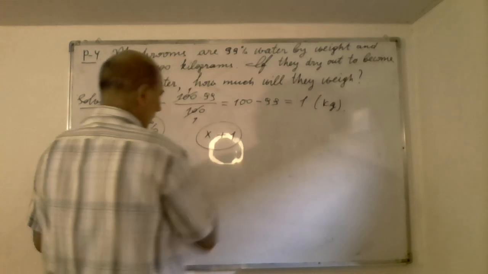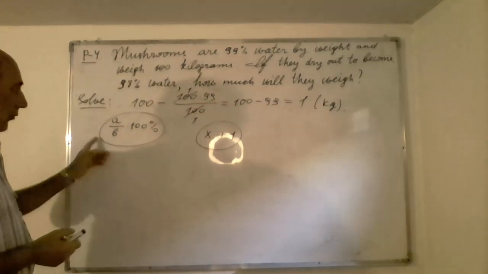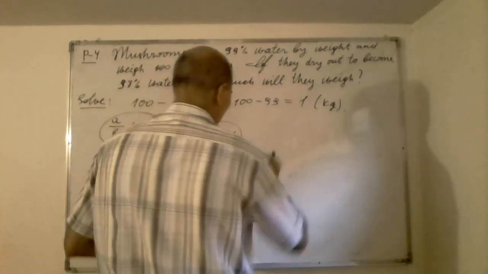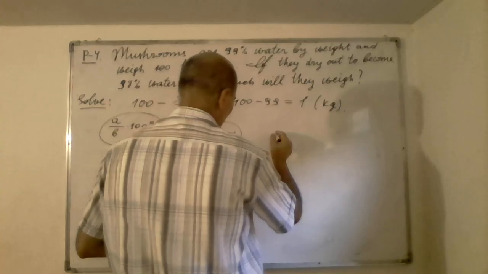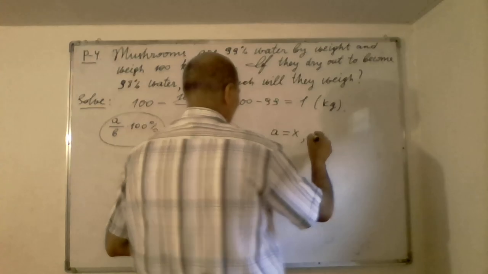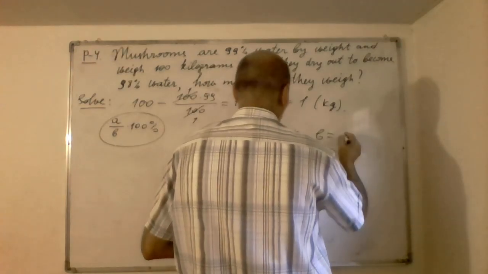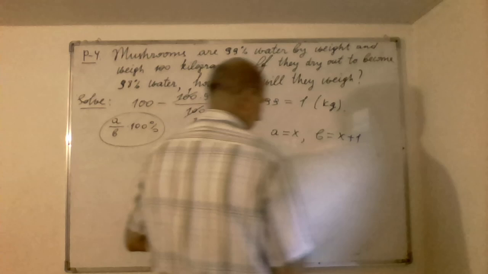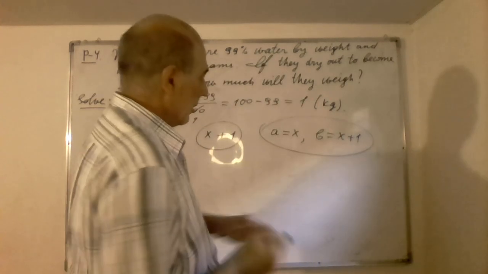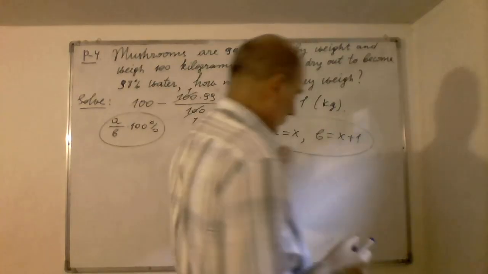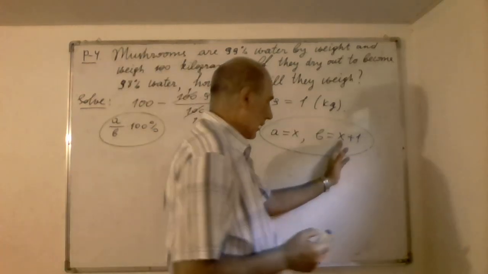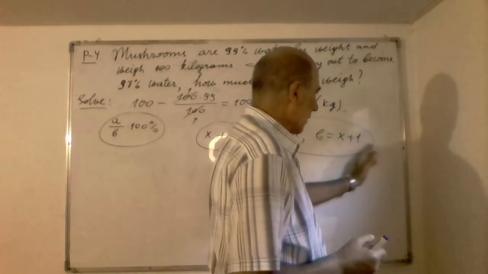For the expression, the ratio of A to B times 100, the conditions A equals X and B equals X plus 1 must be satisfied.